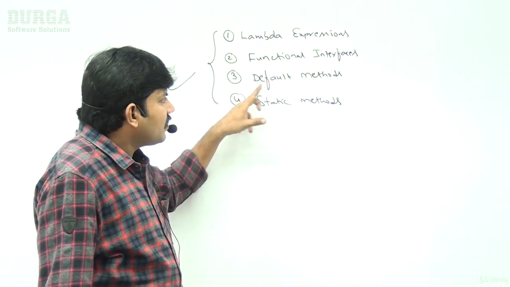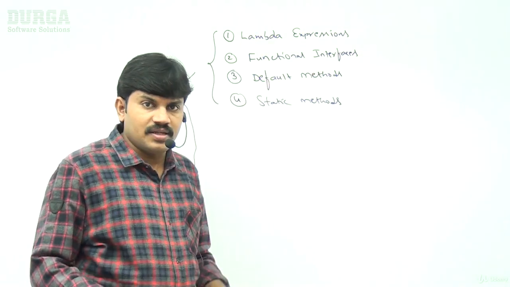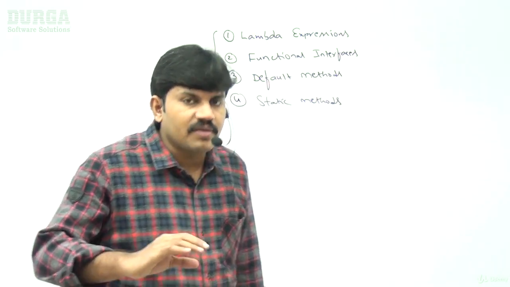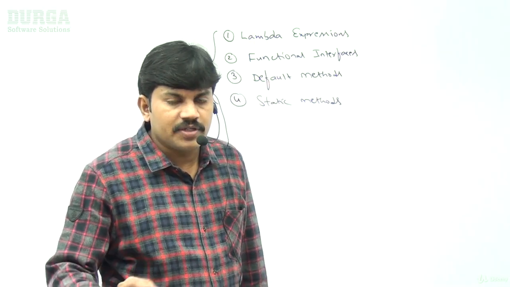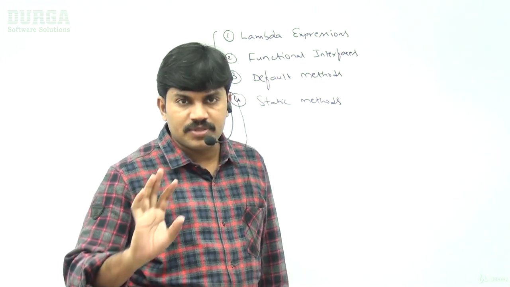Then we discussed that until the 1.7 version, inside an interface we can take only public abstract methods.